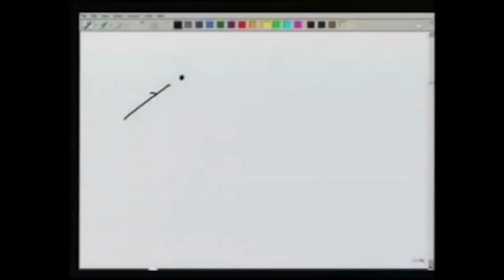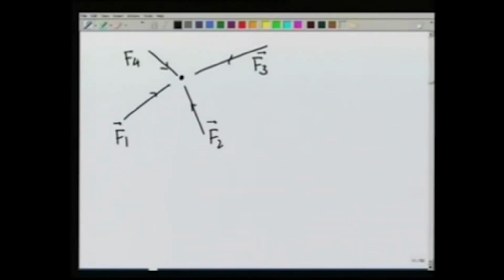Let us go step by step and look at a point. Suppose I have a point mass and I want it to remain stationary, but there are several forces applied on it. So, this could be F1, this could be F2, this could be F3 and this could be F4.